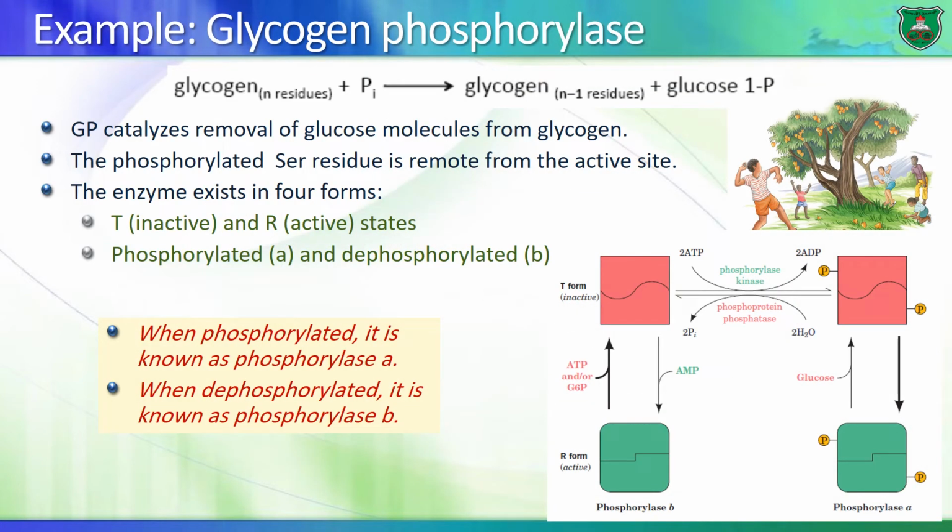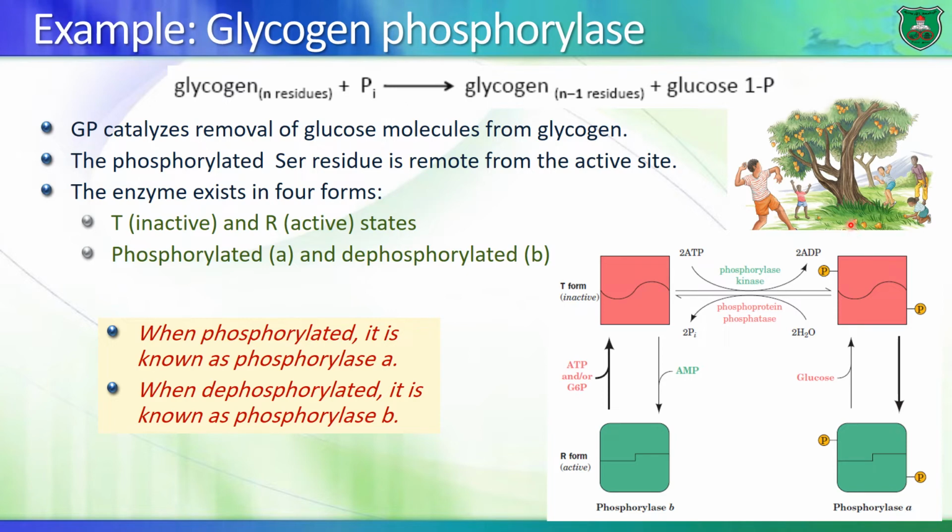So let's talk about glycogen phosphorylase now. What this enzyme does is that it uses inorganic phosphate to remove glucose in the form of glucose 1-phosphate. So it's almost like you have this large glycogen molecule with glucose hanging down, and the enzyme takes a rock, which is inorganic phosphate, throws it on glycogen, and a glucose comes out of it.